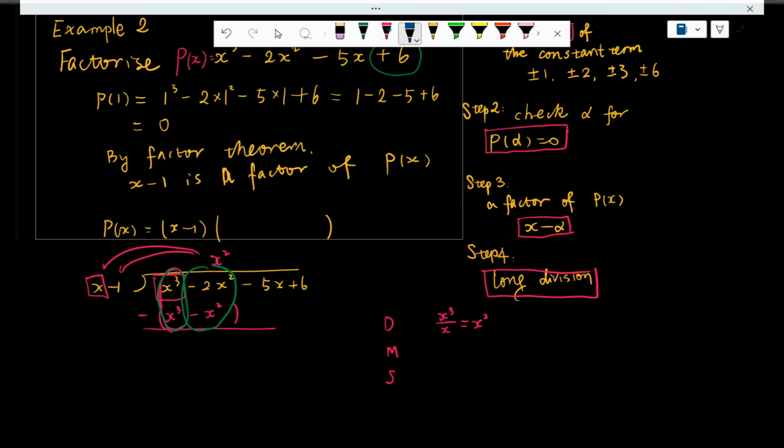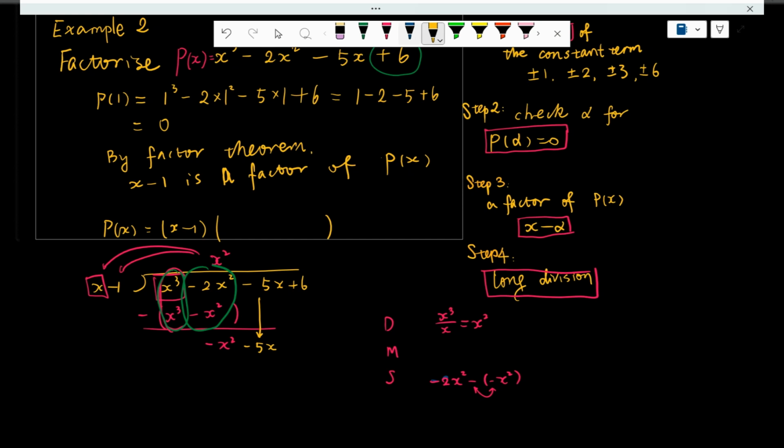Then x cubed, they're the same, cancel out. Then for these two, we have negative 2x squared minus negative x squared. Negative becomes positive, therefore the final answer should be negative x squared. First round finished. Then we bring down one more term of p of x and start the second round.